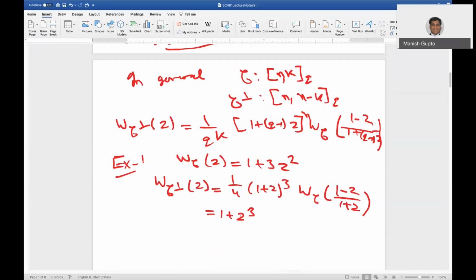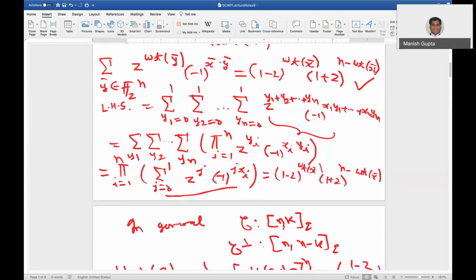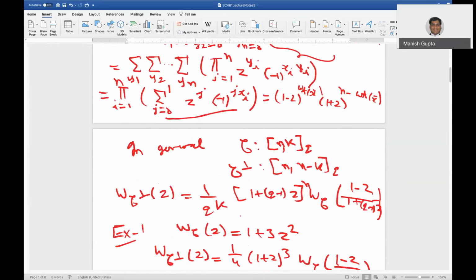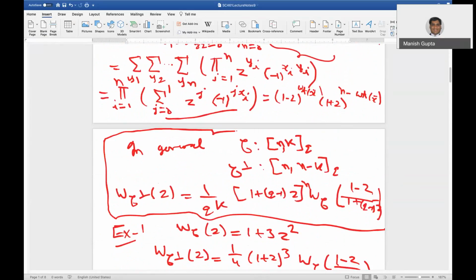Okay, so I think that's all about the MacWilliams identity. This is a very important identity in general that I have written for you. The MacWilliams identity helps you find the weight enumerator polynomial of a dual code.